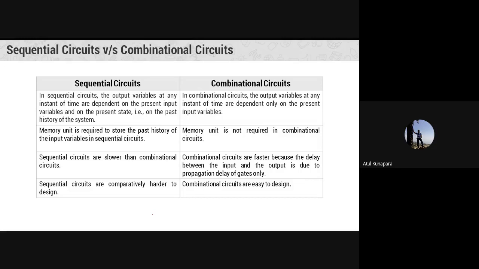Whereas in sequential circuits, you can put the example of a serial adder, then counters, shift registers. These are some examples of sequential circuits. So you can add one more point of comparison after all 4 by just putting the names of the circuits, giving an example of this particular type of circuit.